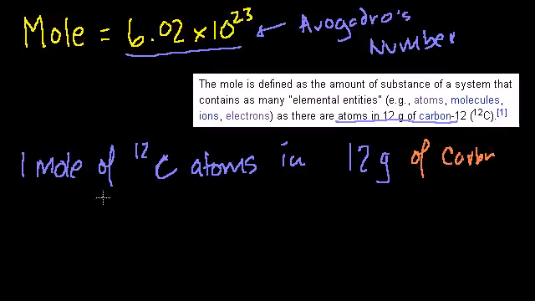And so that's why a mole is useful. Instead of writing 1 mole, I could have written there are 6.02 times 10 to the 23 carbon-12 atoms in 12 grams of carbon.